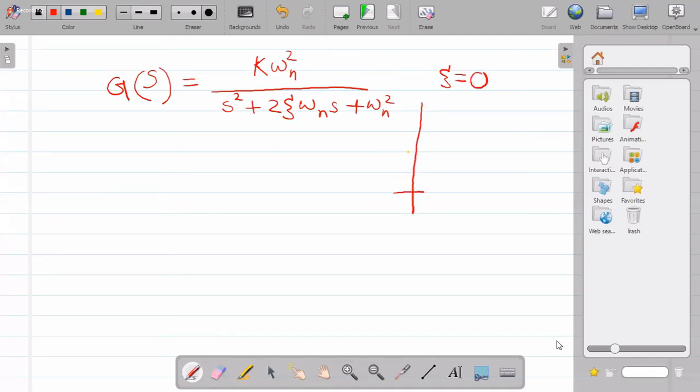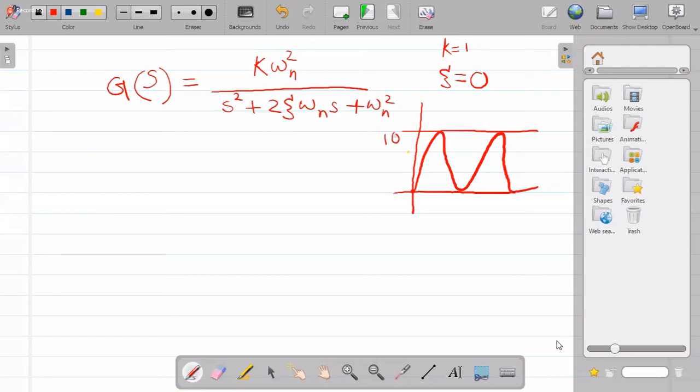So it will be an undamped response. And say k equal to 1. So if the input is 10 volts, your output will be oscillating like this.